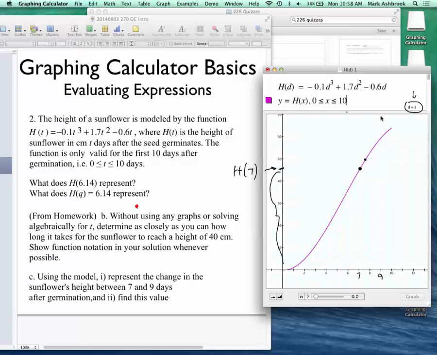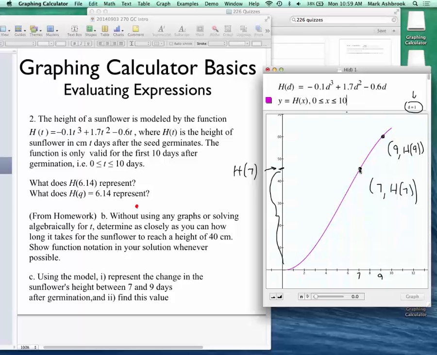Okay, and so then this point represents 7 days and also the height at 7 days taken together. Similarly, 9 days has a point somewhere up here. The coordinates of that point are 9, H of 9. So now how can I visually here represent that change in days from 7 to 9?